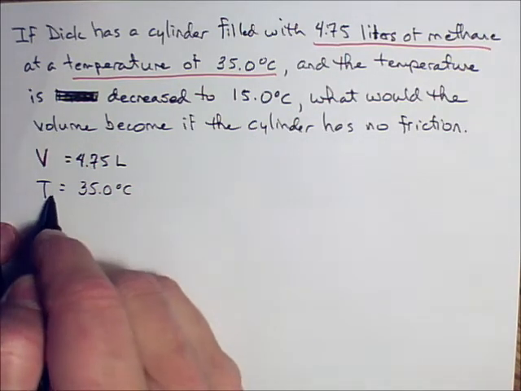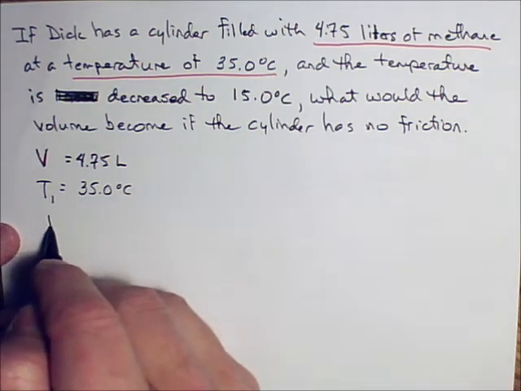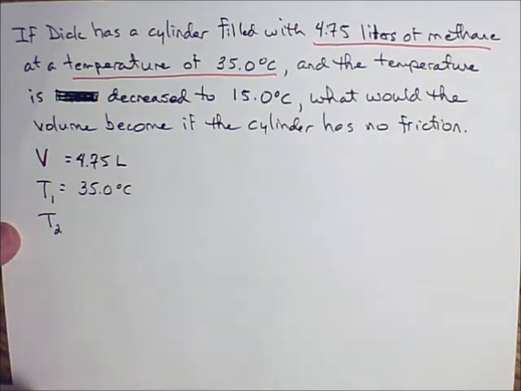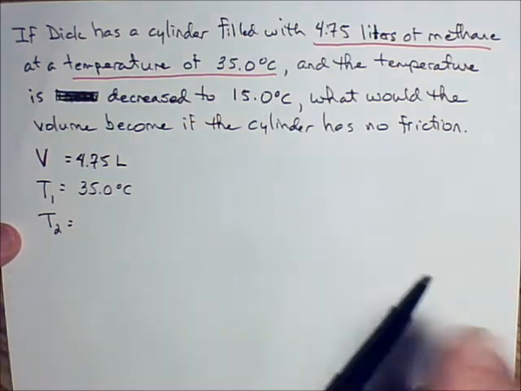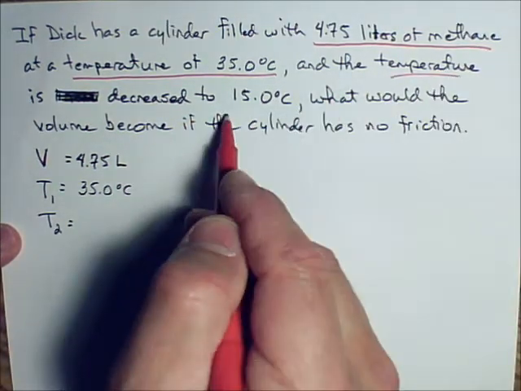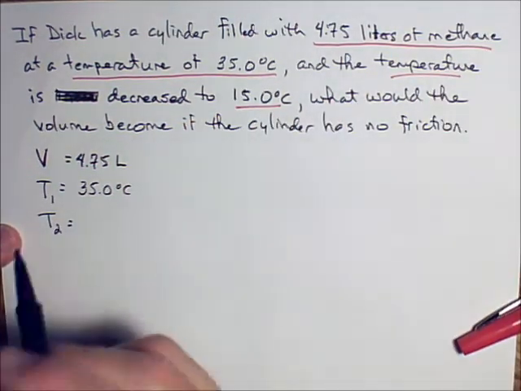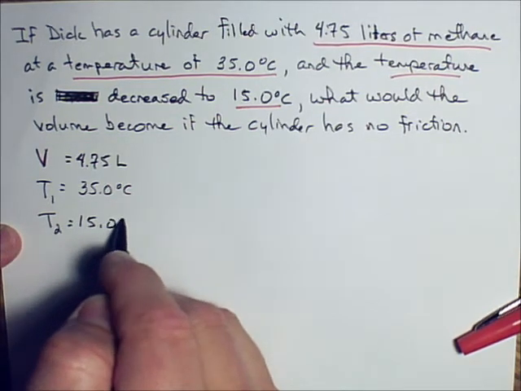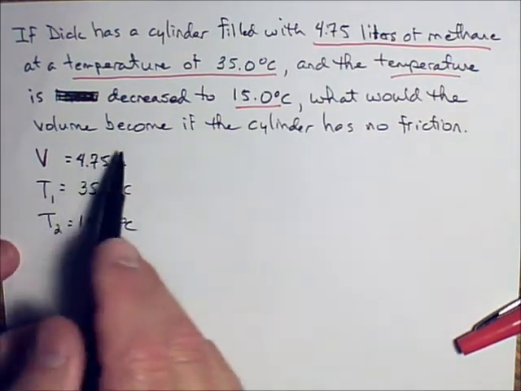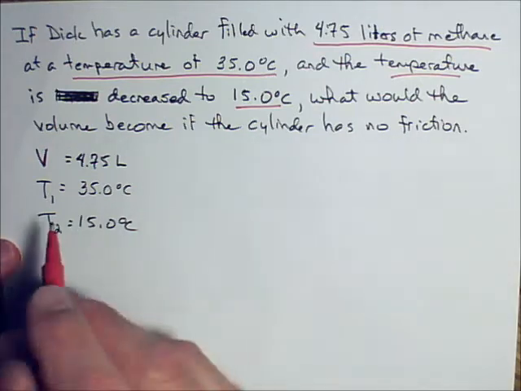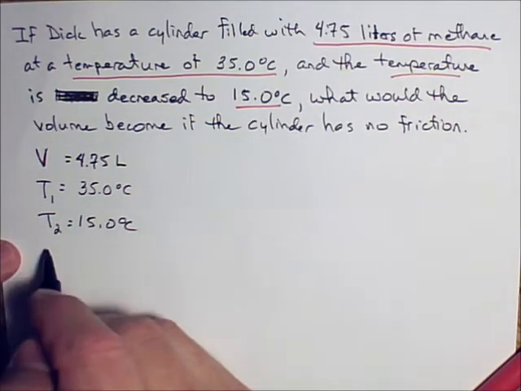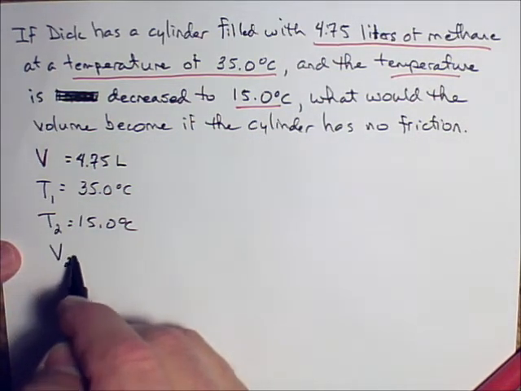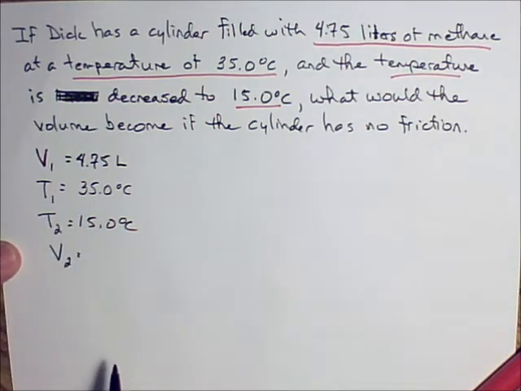That means this must be temperature 1, and the new temperature will be temperature 2. And it's decreased to, it says, temperature 15.0 degrees C. And then it asks you, what would the volume become? So we have a new volume here at this new temperature. That'd be V2. So that must be V1 up there. So we don't know what that is. We're going to put a question mark there, just for now.